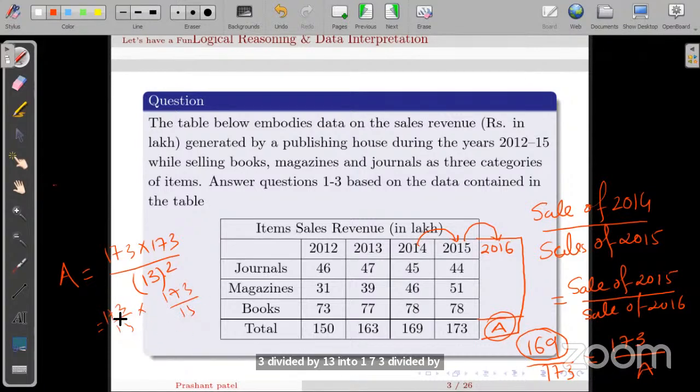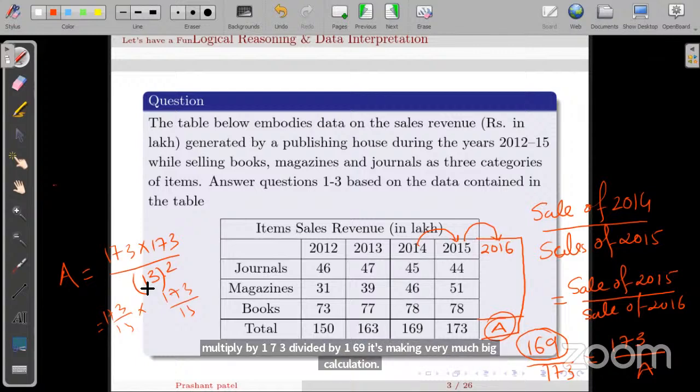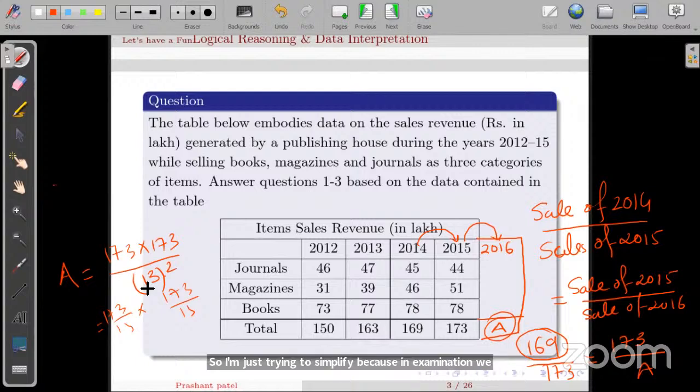Multiplying 173 by 173 and dividing by 169 makes a very big calculation, so I'm trying to simplify, because in the examination we don't have a calculator. If I had a calculator, I could easily solve this, but I need to make my calculation reducible. That's why I recognized that 169 is 13 square, so I can solve 173 divided by 13.